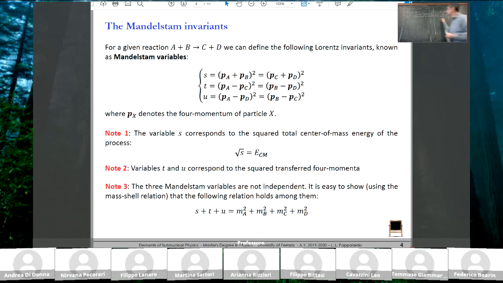Now, of course, these two have to be the same because of energy momentum conservation and because of Lorentz invariance. So clearly, Si has to be equal to Sf star. Both we can call s, and both are the square of the center of mass energy. s is a Lorentz invariant, so it's the same in any frame. So it must be the same in the laboratory frame and in the center of mass frame.